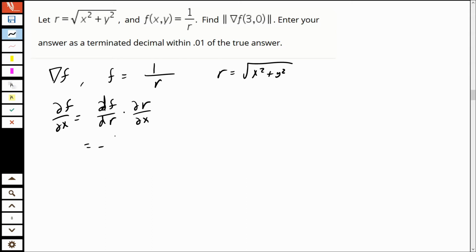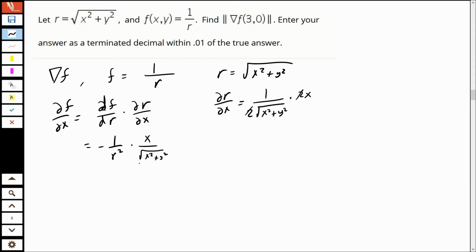This is negative 1 over r squared, times dr/dx, which is 1 over 2 root (x squared plus y squared), times 2x, the 2's cancel, and I get x over root (x squared plus y squared).